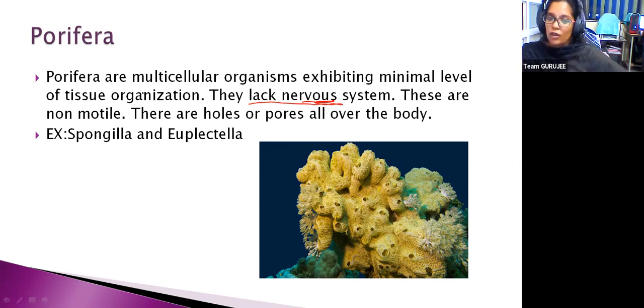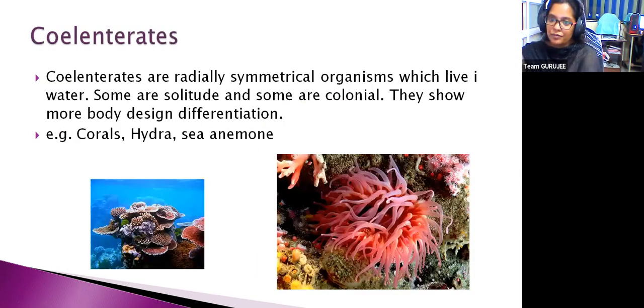They are non-motile; they can't move. There are holes and pores all over the body. So this is the first type, Porifera. An example is sponges, present only in the marine environment.